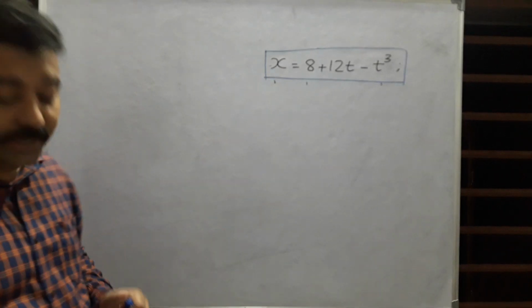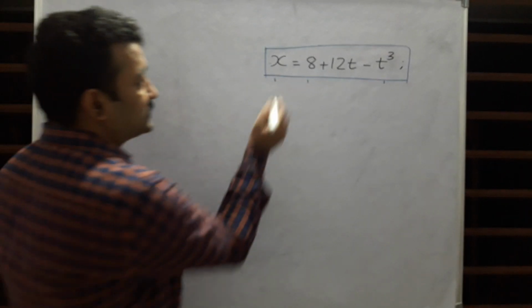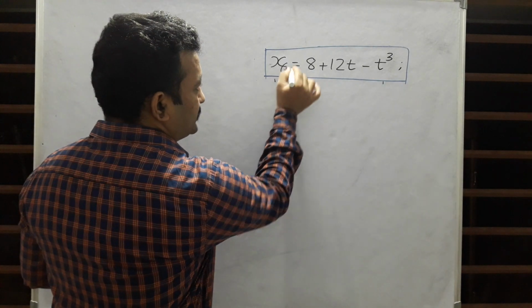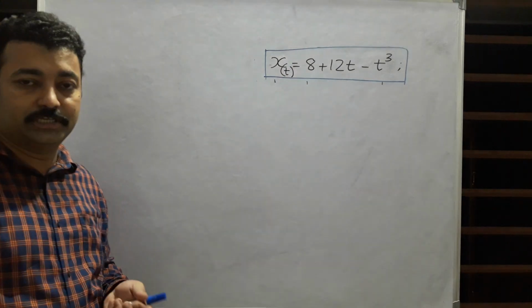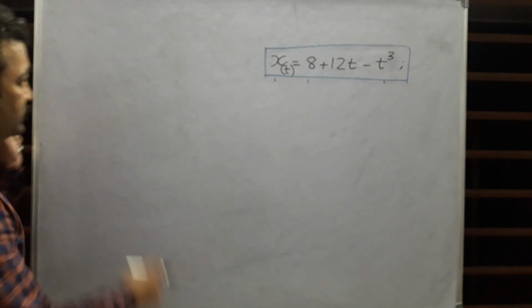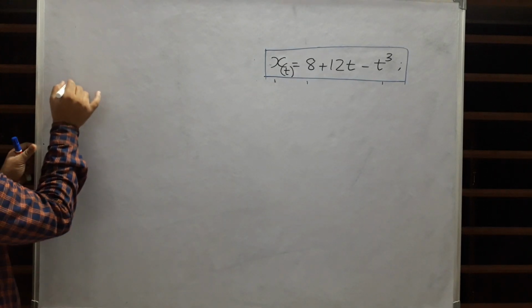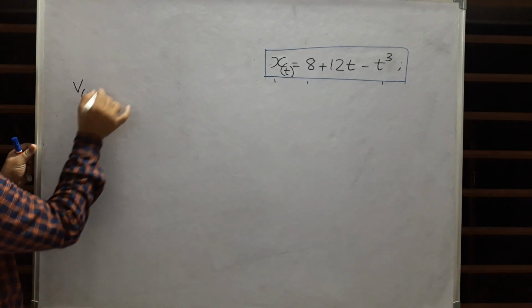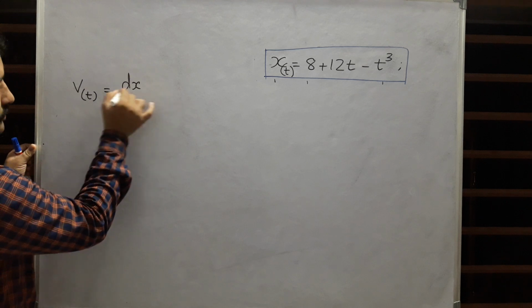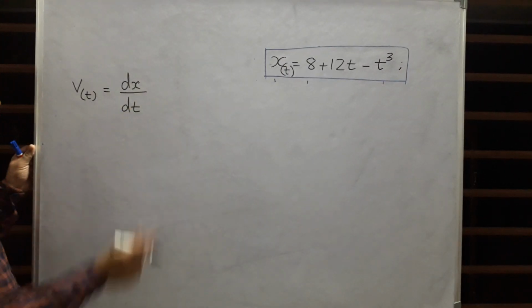This is the relationship given between x and t, representing the instantaneous position. From the instantaneous position, I can derive the instantaneous velocity. What is instantaneous velocity? That is dx divided by dt.